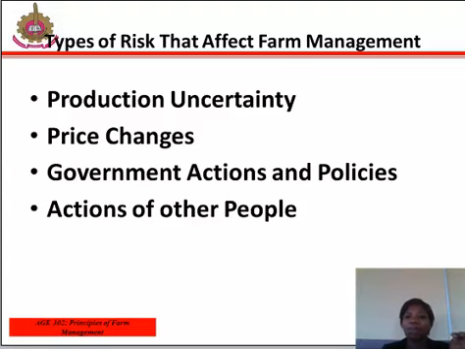Actions of other people. Agriculture is practiced by a large proportion of Nigerians, and most of them operate on small holdings. So these farms are scattered, and four or five farmers may have 2 acres of farmland in the same area.